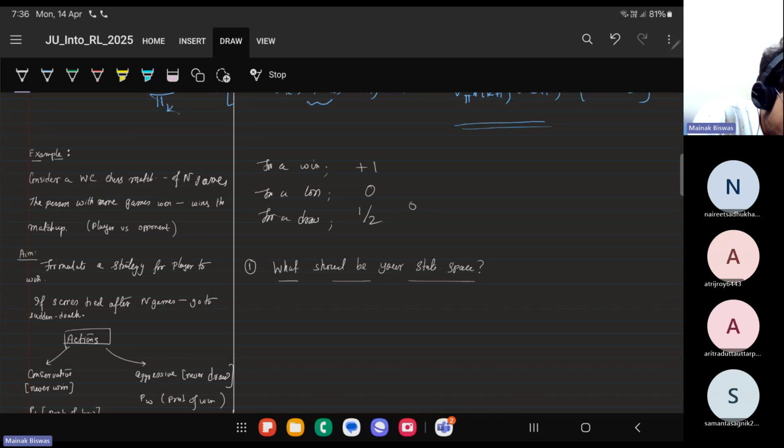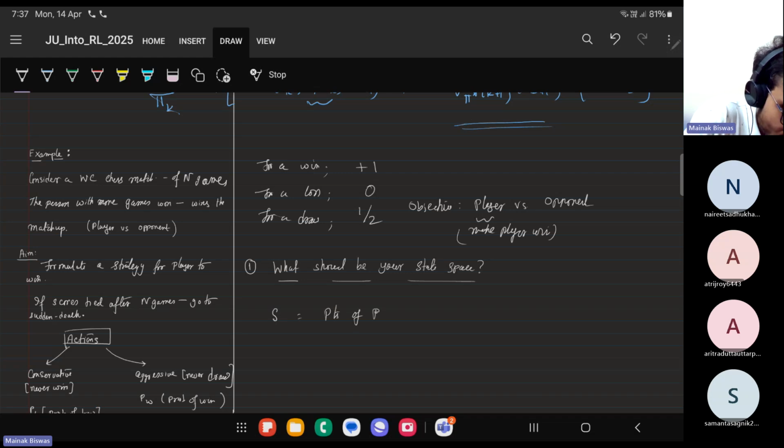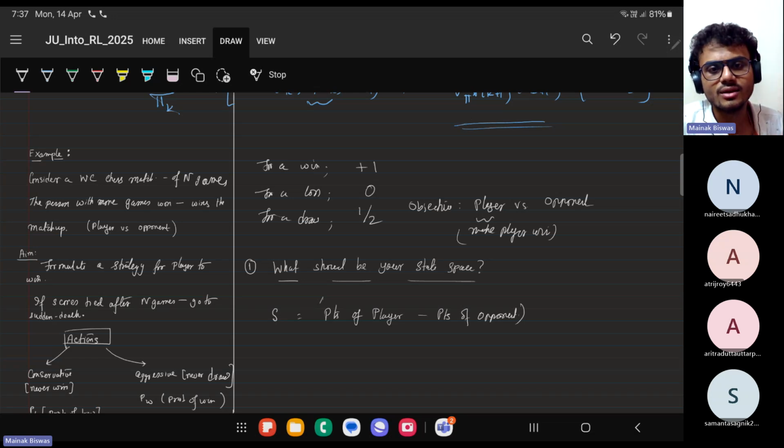Your objective is player versus opponent, you are playing to make the player win. So what should be your state space? Do you agree that if I define the state space as points of player minus points of opponent, I can compress the information into a single number?